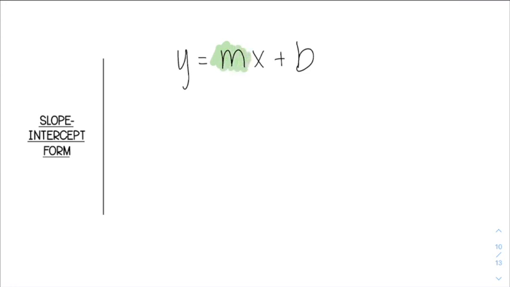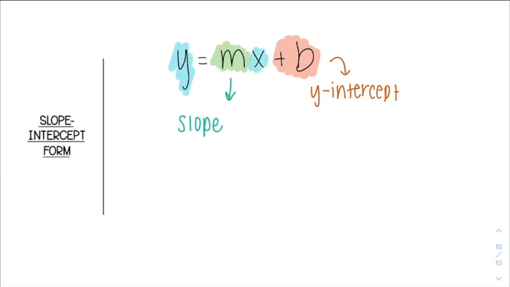So your m value, this is going to be your slope. Your b value, that is your y-intercept. And then you have your y and your x, and those are your coordinate point. Anyone on the graph.